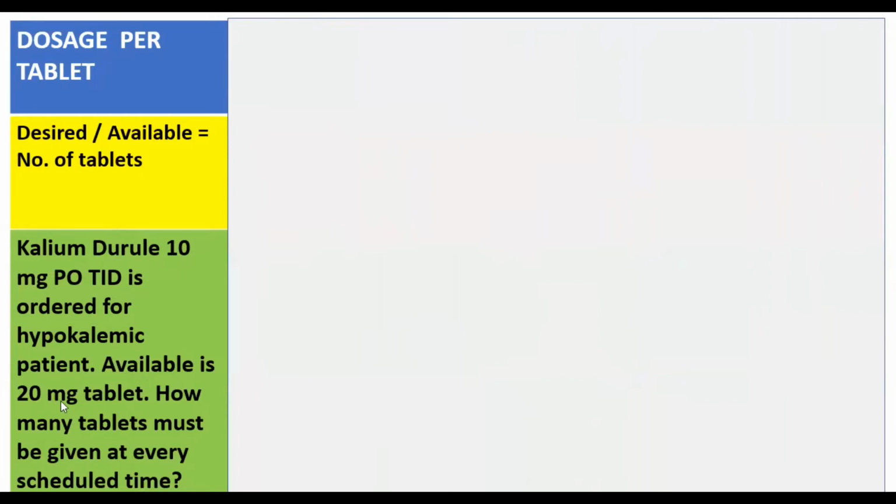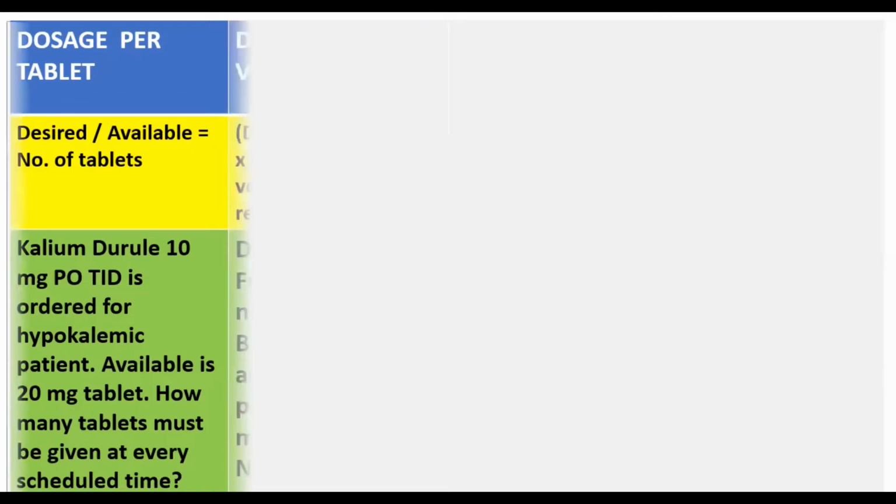Available is 20 milligrams per tablet, and the question is how many tablets must be given at every scheduled time. From this order, you can see the desired amount that needs to be given to the patient and the available stock, which is 20 milligrams per tablet.